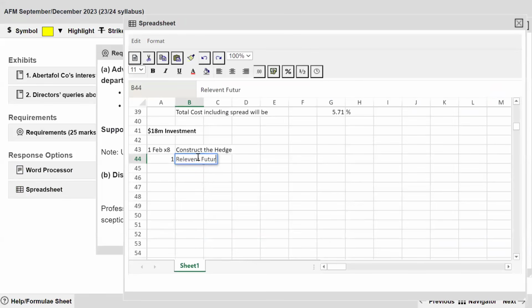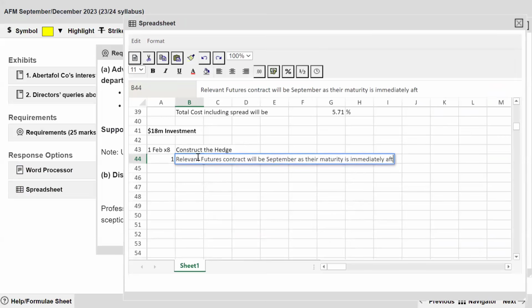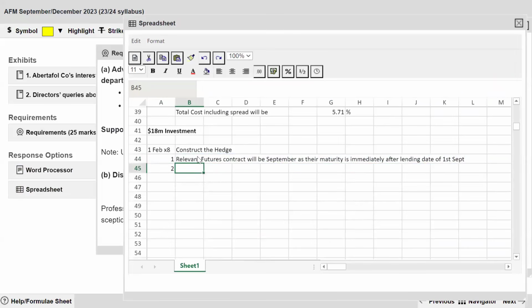The relevant futures contract will be September, as its maturity is immediately after the lending date of 1st September. The number of contracts will be as under.